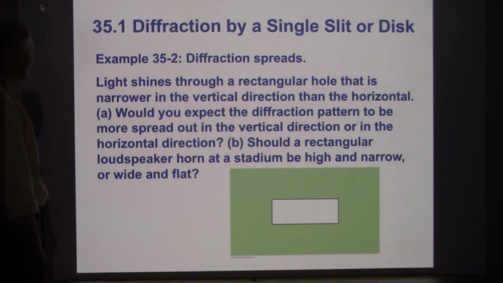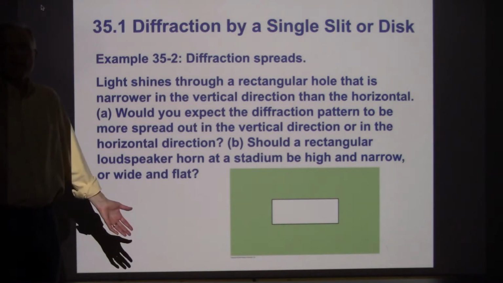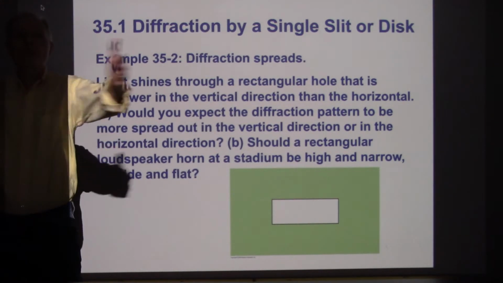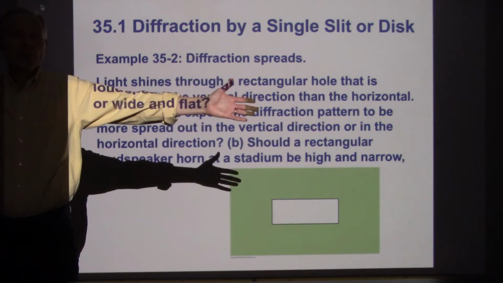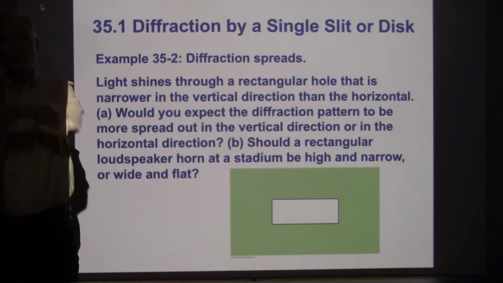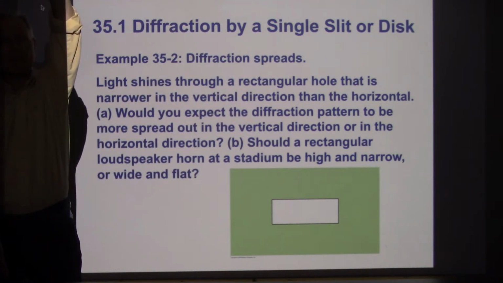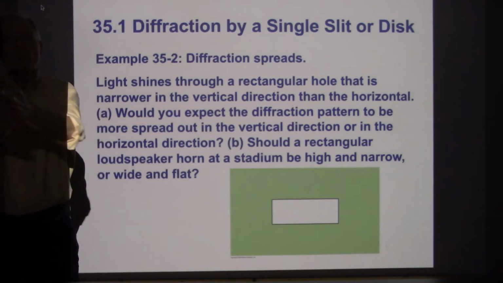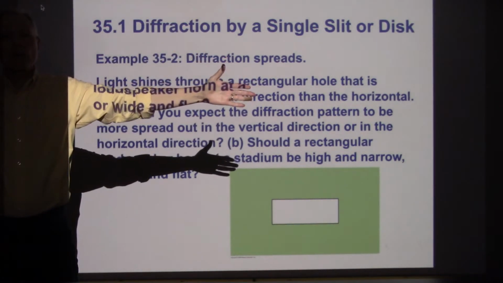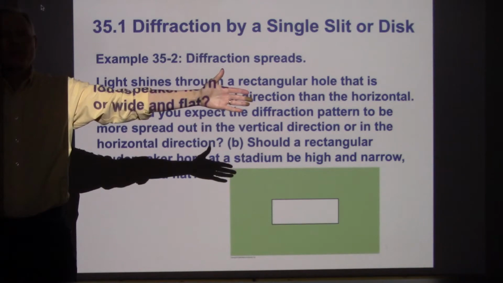I've got to think about this. High and narrow. Because at the stadium, what we would want is the sound to spread out to the people in the stands. We're not interested in having it go up and down so the players on the field can hear it. We just want it to go from side to side so it spreads around the whole stadium.